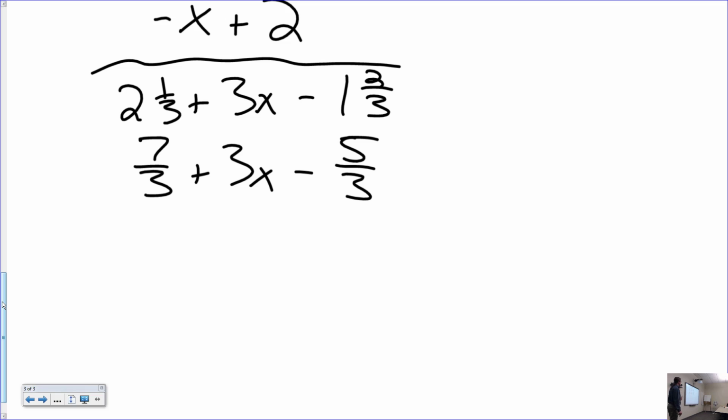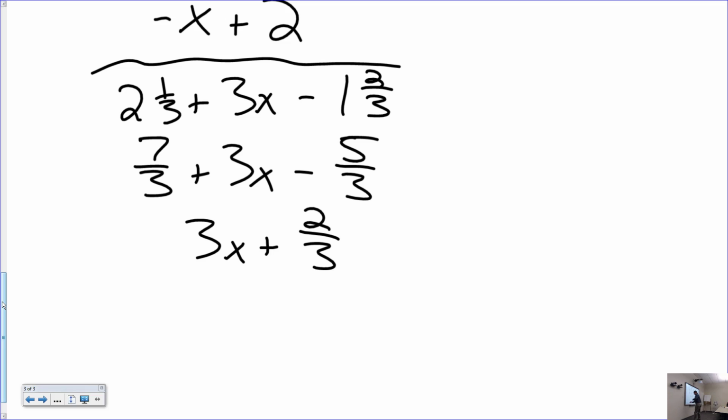Now you can do it since it's a common denominator. What's 7/3 minus 5/3? There you go. And in theory, you could deal with that in an equation. Please note that you won't get fractions in equations very often in this class, okay? But it theoretically could happen. Not too bad?